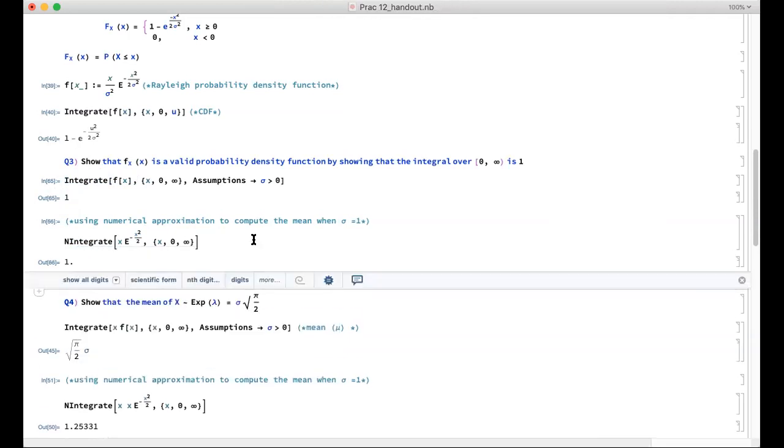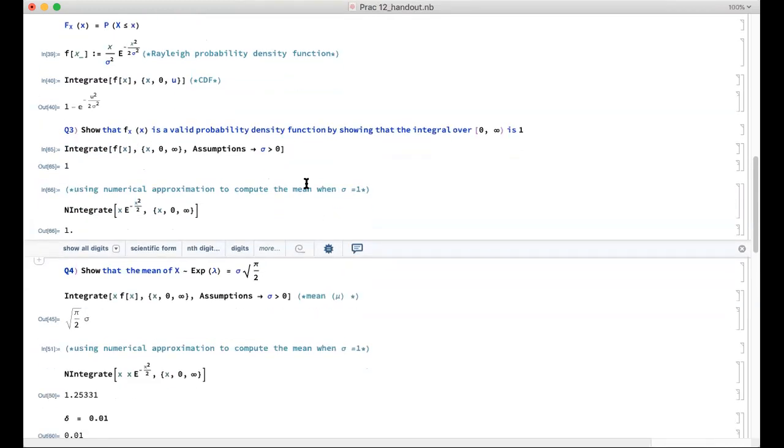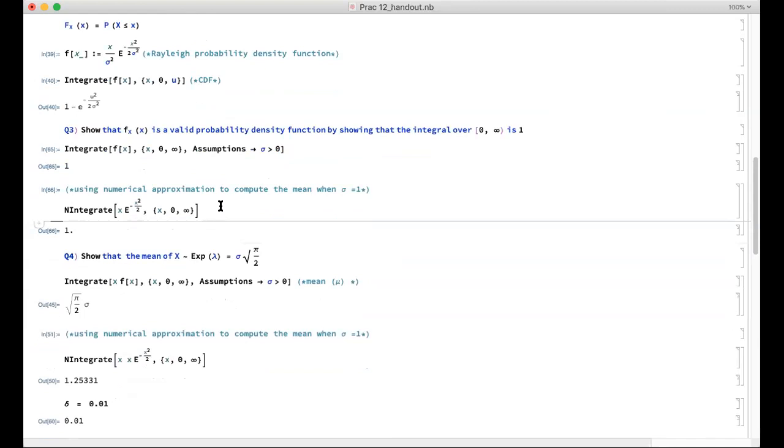So that's also one. Okay, so these are things that you should be trying before you actually do the hand calculation, just to make sure that you get the right answer.